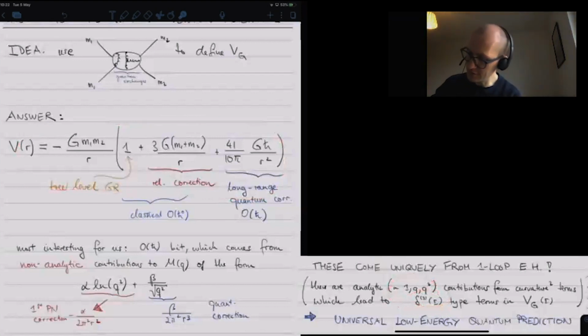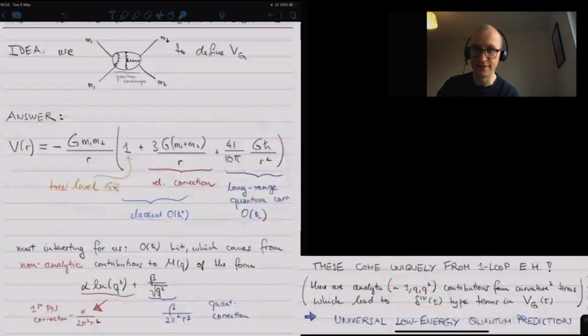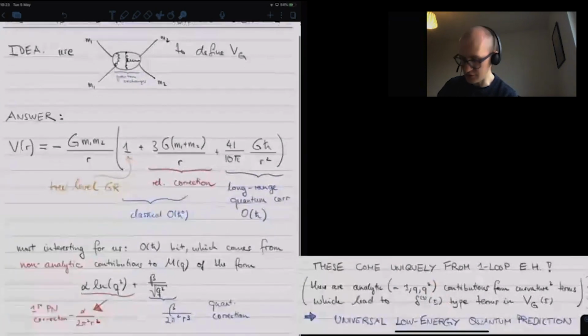And so these long distance properties here are uniquely a property of the Einstein-Hilbert action. And in particular, it contains a quantum correction. And so there is a unique, fully determined quantum correction that comes only from the structure that we know, namely the Einstein-Hilbert term. Well, it takes this form.